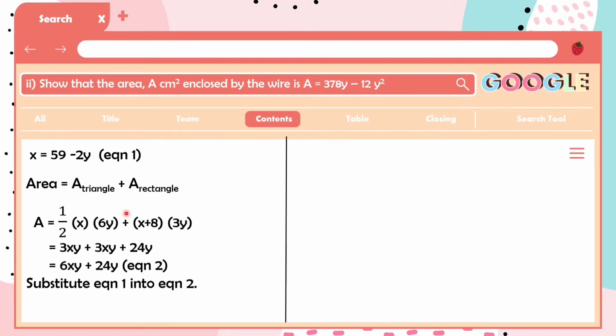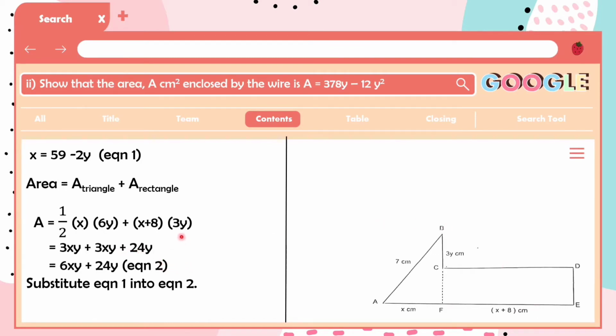From this figure, the area of the triangle is half multiplied by base. The base for the triangle is x, and the height is 3y plus 3y, that is 6y. We simplify: 6 over 2 we get 3, and x multiplied with y we get 3xy. For the rectangle, we multiply x plus 8 with 3y.